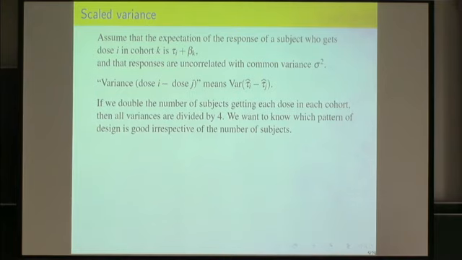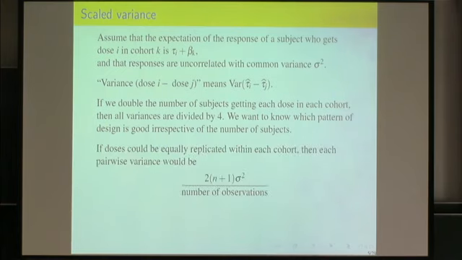Now, if you show me your best design, I can cheat. I just double all the numbers of subjects. How do we stop me cheating? I do this thing which I call scaled variance. So if, and this really is an if because you're not allowed to do it, you could have all the doses equally replicated in each cohort, then all the pairwise variances would look like that.